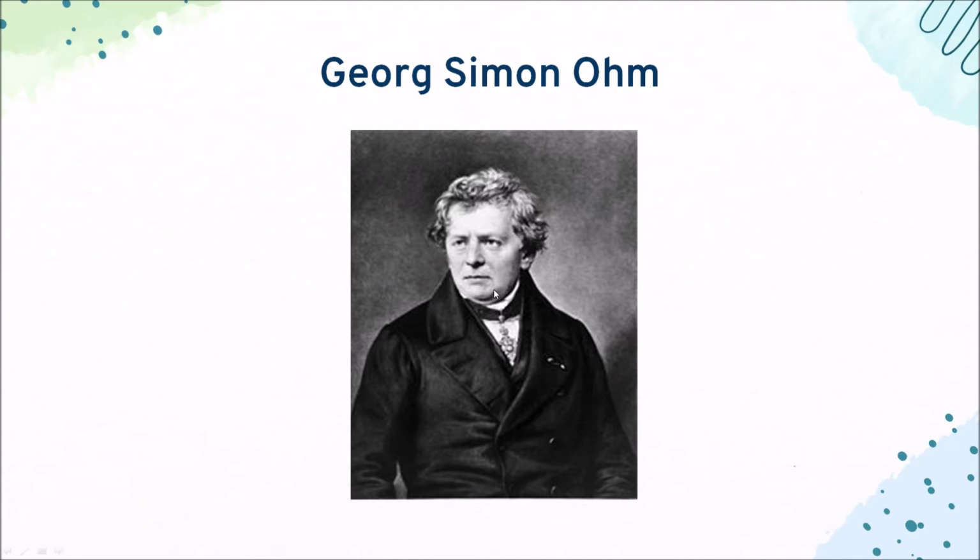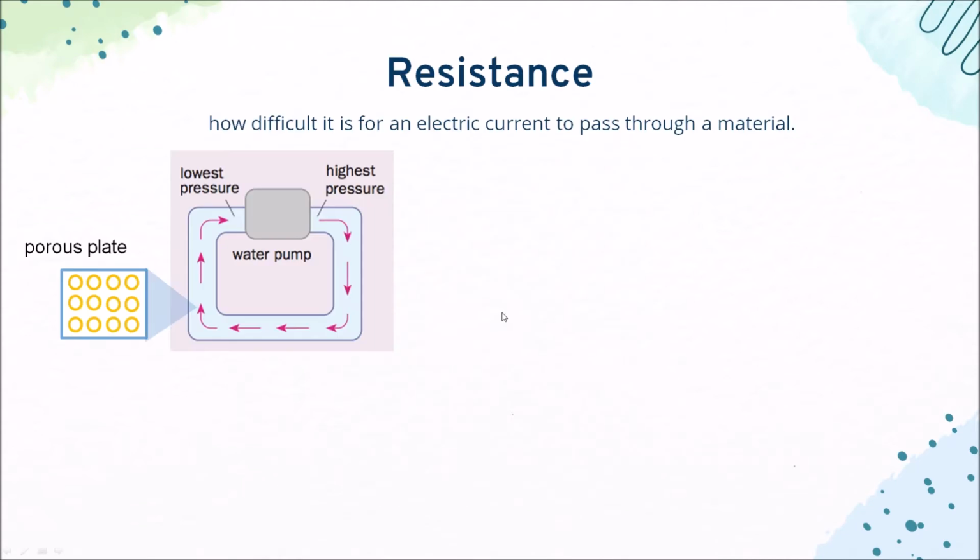So they thought that voltage and current were two separate entities. But Ohm thought otherwise. He did a lot of experiments and proved that resistance is actually related to potential difference and current. Because these two are related, he coined the term resistance.